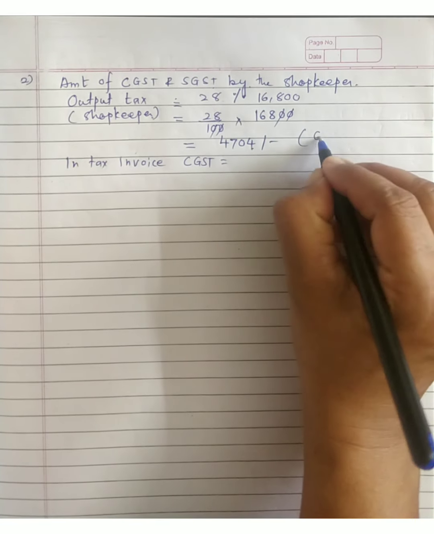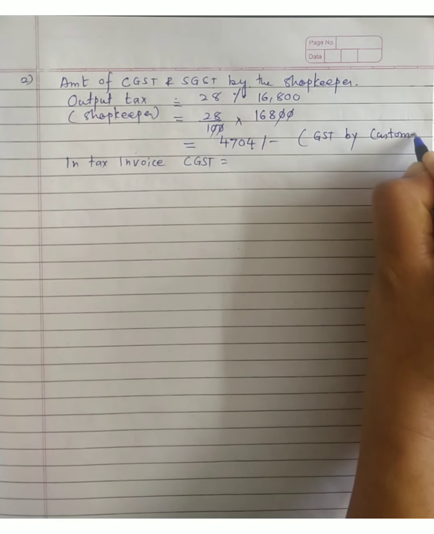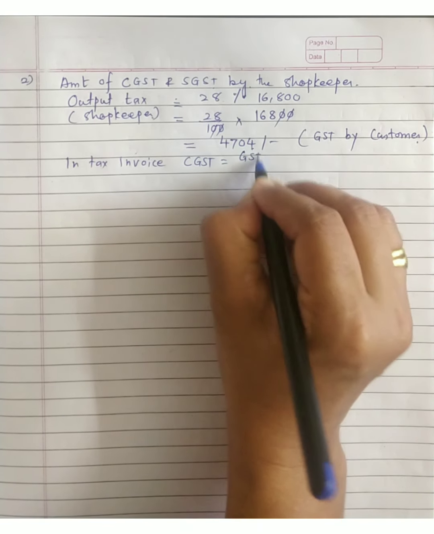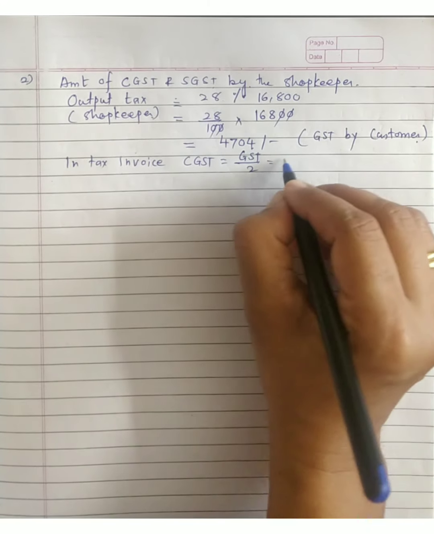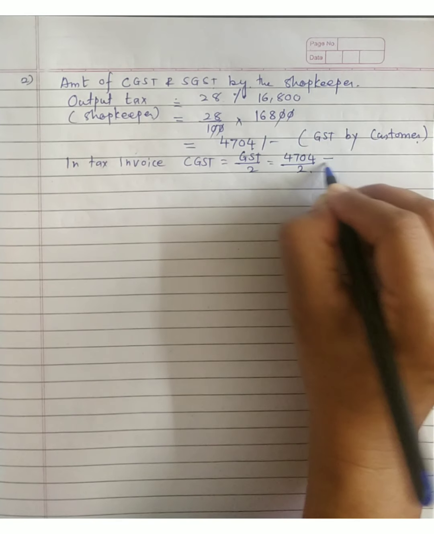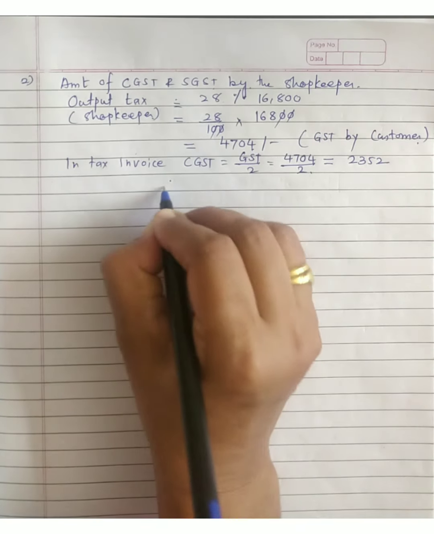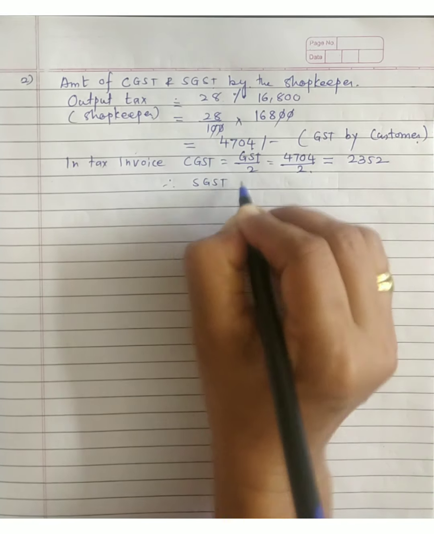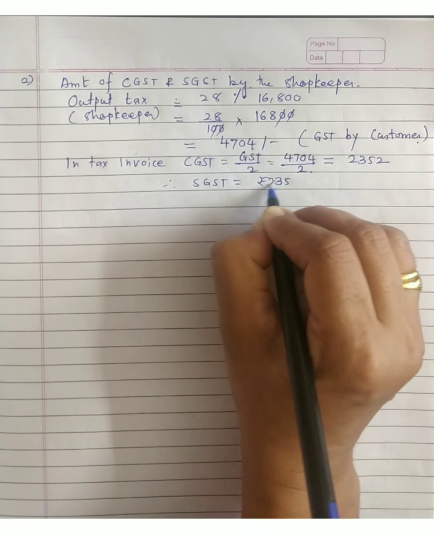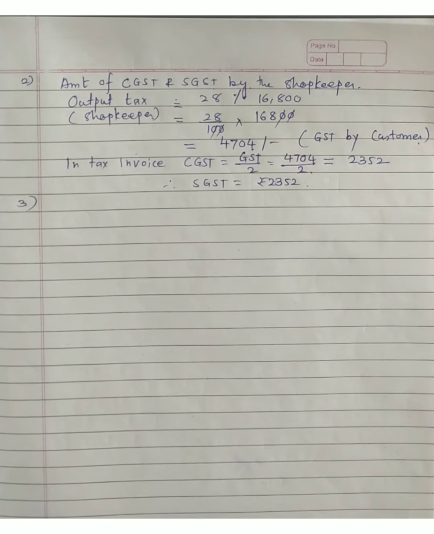This is also the GST by the customer, right? So this CGST will be GST by 2, and that is the output tax of the shopkeeper, 4704 upon 2. That comes as 2352. SGST also rupees 2352, right?